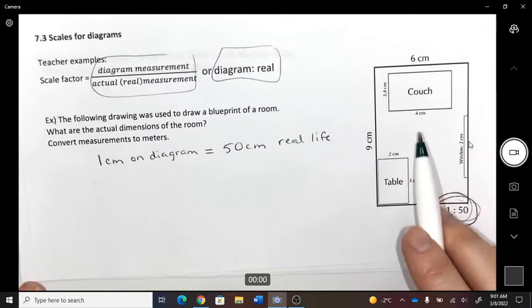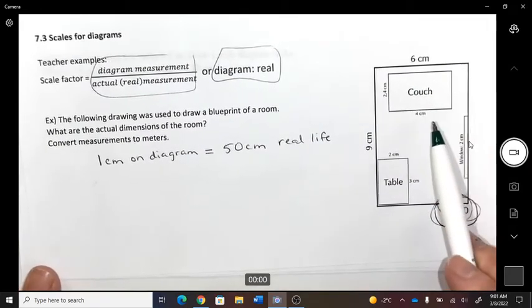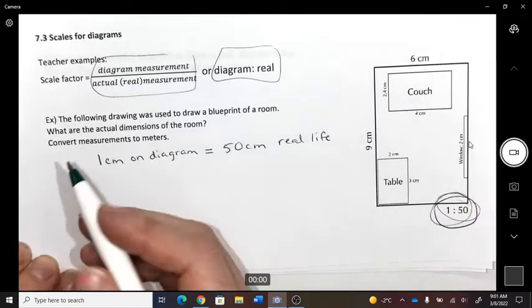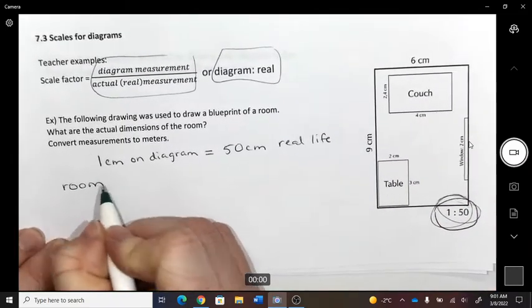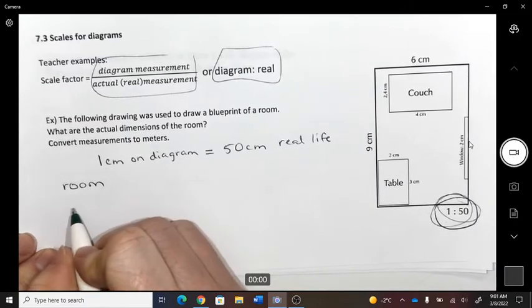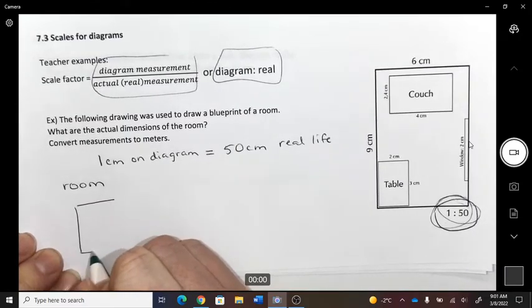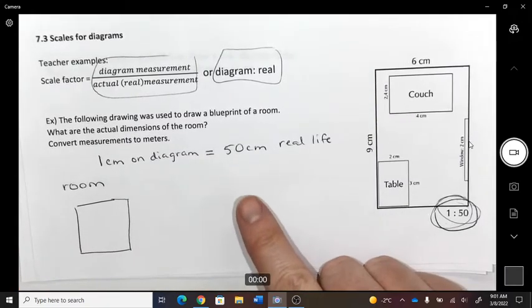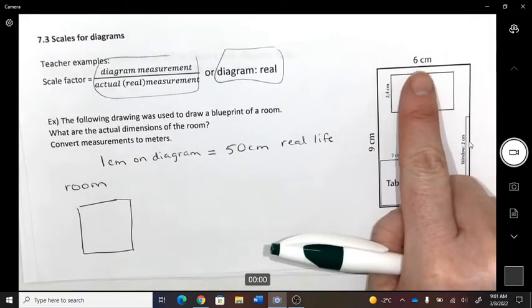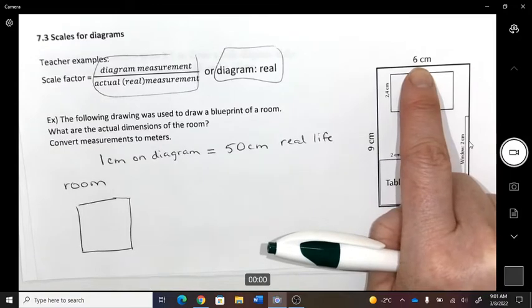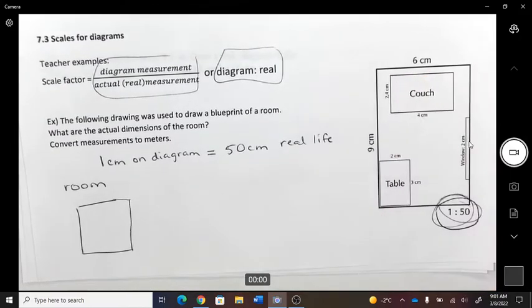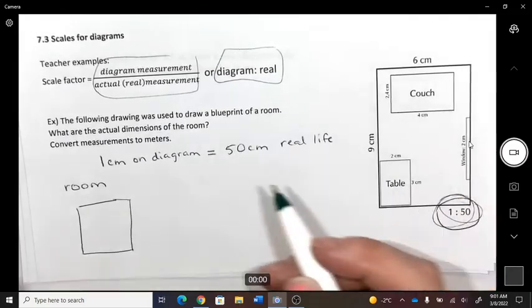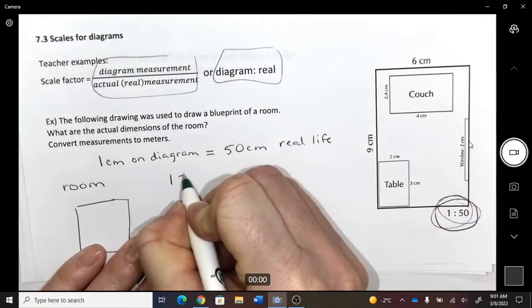Okay, so let's talk about the diagram. So the room was 6 centimeters on the drawing. So what I'm going to do is times it by 50.